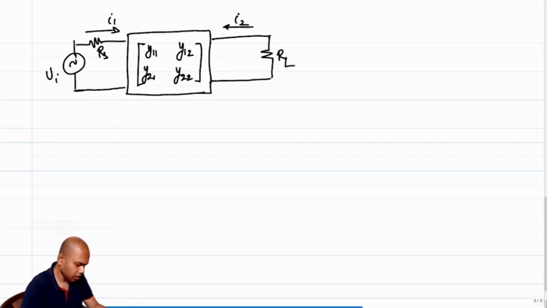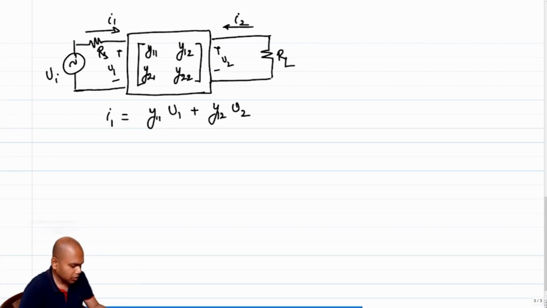Okay, and we rewrite our equations. What are our equations? Our equations are I1 is equal to y11 v1 plus y12 v2.